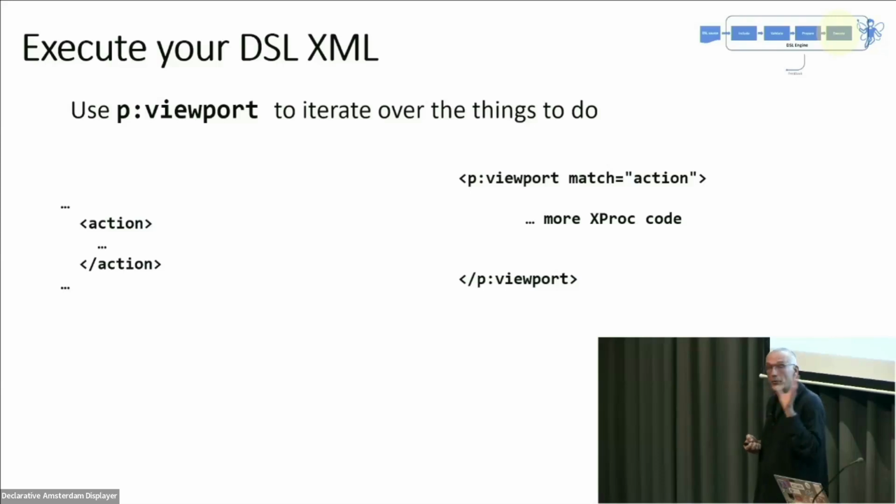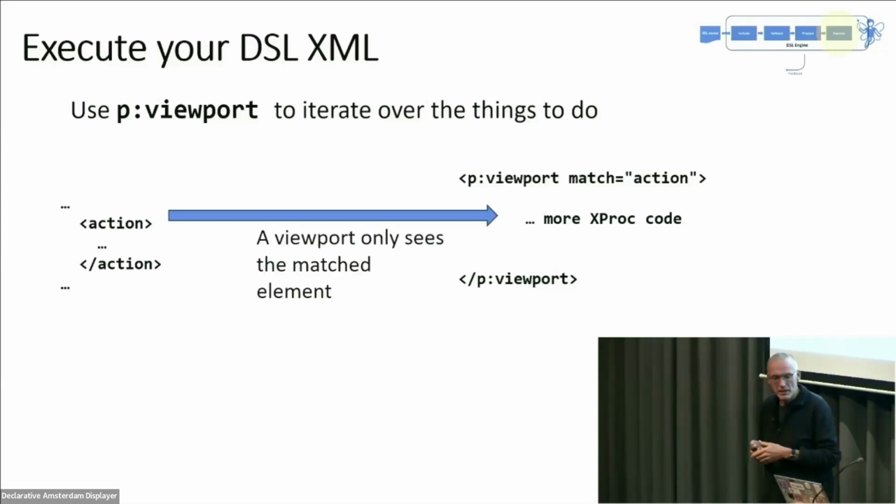In this case, for instance, you have a viewport over the action elements. What p:viewport actually does is take the element that matched the match attribute of the viewport, and inside the viewport, that becomes the document it sees. It becomes the only thing which is accessible inside the viewport.